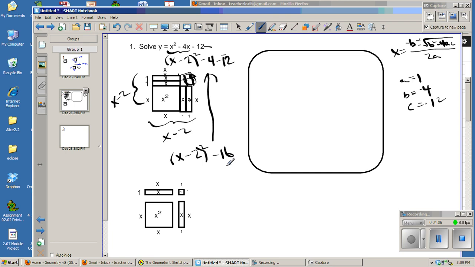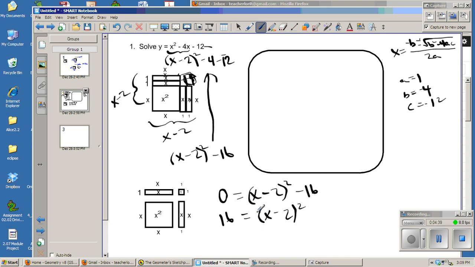And the reason I'm doing that is because now if I set that equal to 0, in other words, I'm plugging in 0 for y because the solution exists where y equals 0, then 0 equals x minus 2 squared minus 16. I would add 16 to both sides, so 16 is equal to x minus 2 squared.